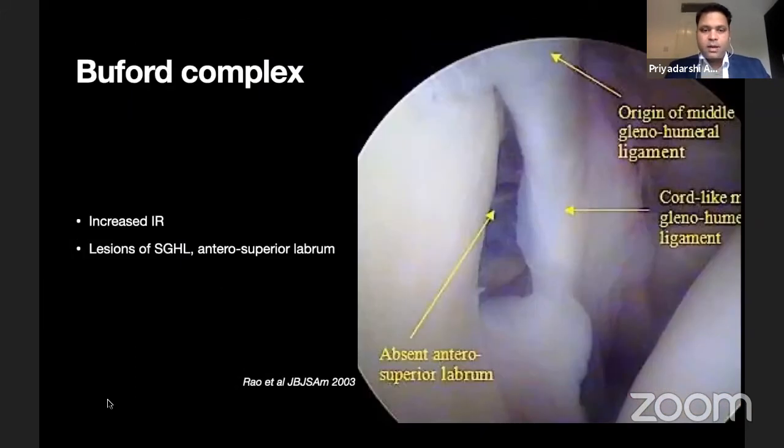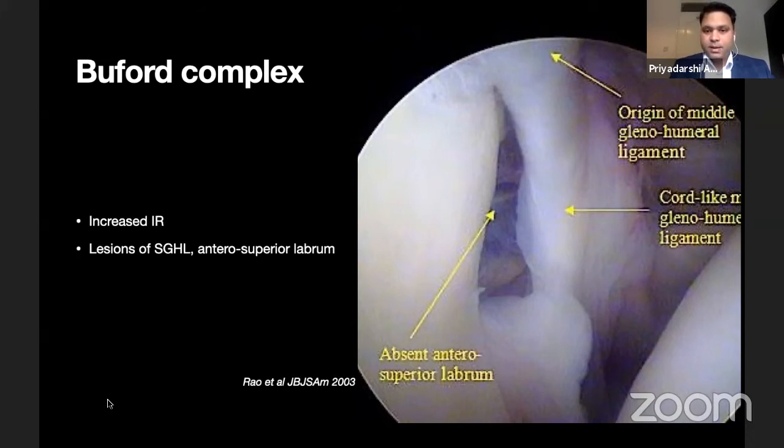Next, we heard about the labrum being a very stabilizing factor in the shoulder joint, where it increases the surface area. But we would like to focus on one entity which was earlier thought of as an anatomical variation of the labrum. That's called the Buford complex.